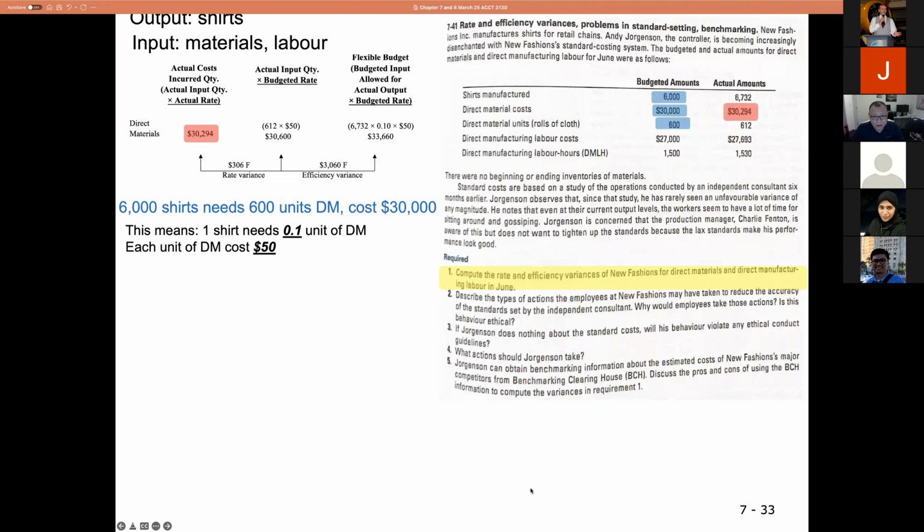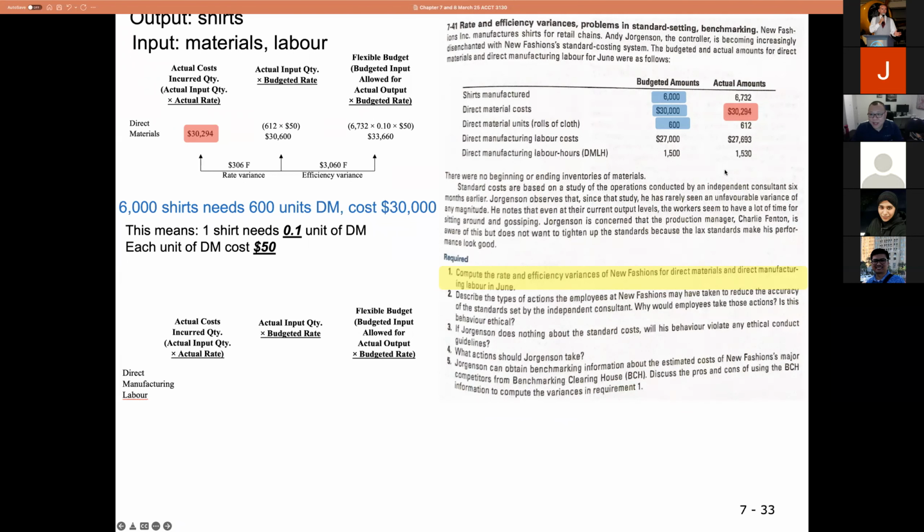Okay, so now let's do the direct labor. We just finished the direct material, right? Now let's do the direct labor. I'm going to set it up exactly the same, but this time I'm doing labor, and I still have the same 3 columns.